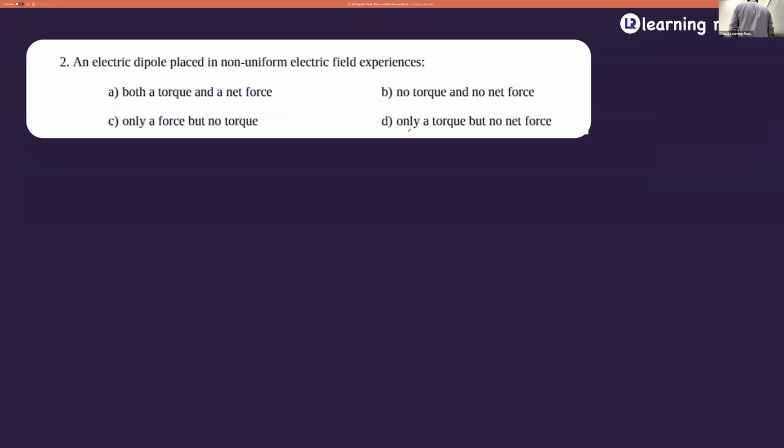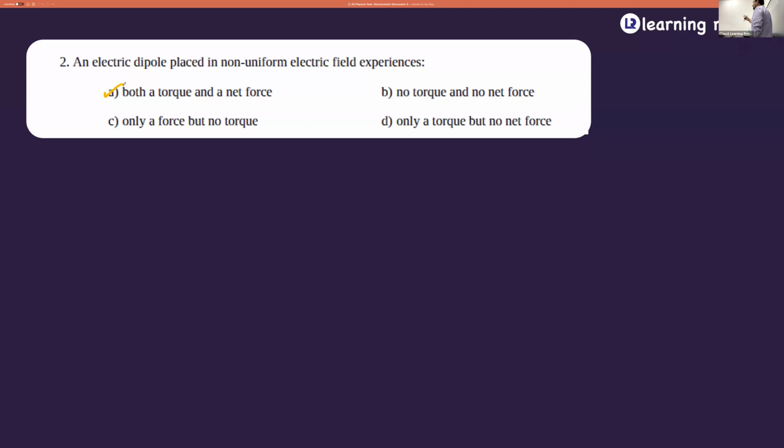Next. This is a simple question, right? An electric dipole placed in a non-uniform electric field experiences: both torque and net force. What about no torque and no net force? When will this happen? Where should an electric dipole be placed so that no net force and no torque occur?